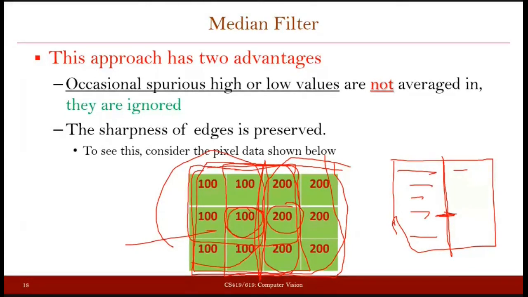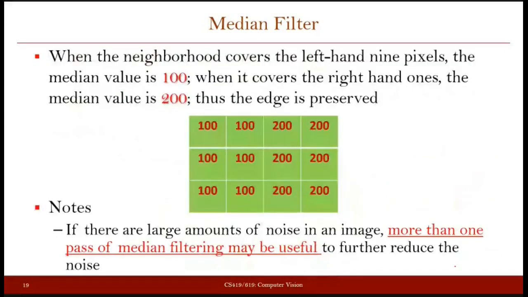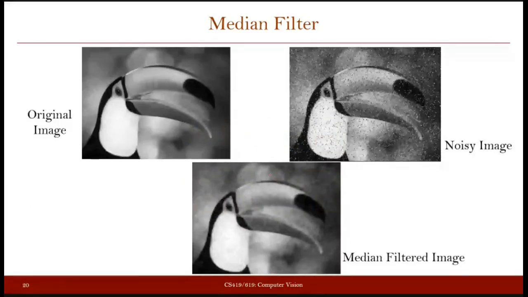So if you filter your image with the median filter, you will find that a sharp edge in your image will remain sharp. It will not blur. After computing this, you get the same kind of output, which says that whatever sharpness you had at this place in your image is maintained.